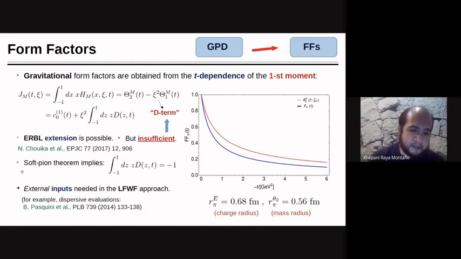We have some help, specifically from the soft Pion theorem, which implies that we get this identity at t equals 0, and we can fix the θ1 at t equals 0, but not the t-dependence. So in order to get the additional form factor in the light-front wave function approach, we will need some external inputs.